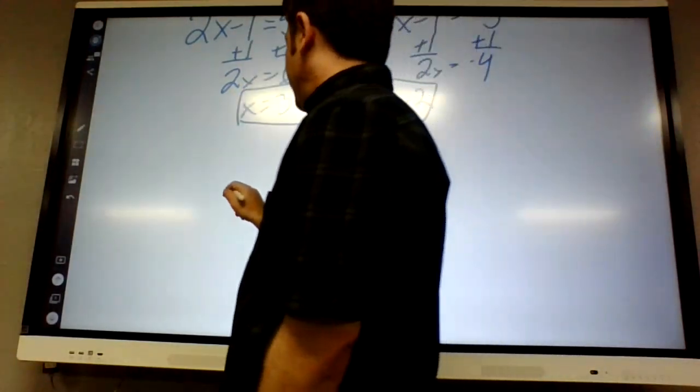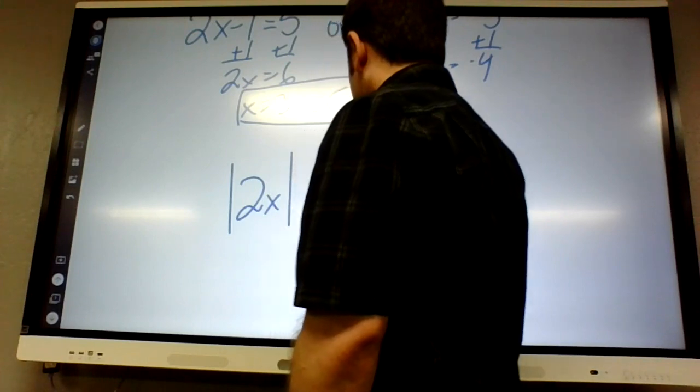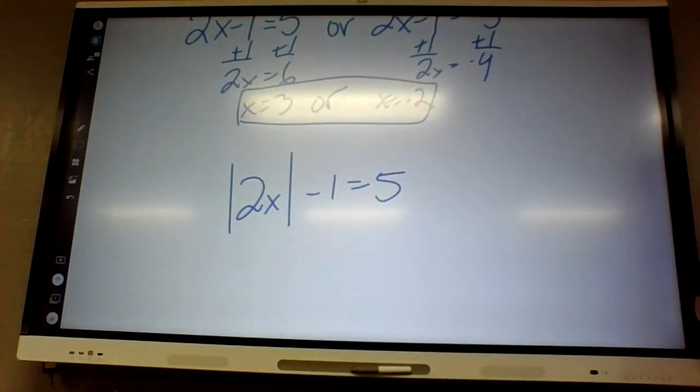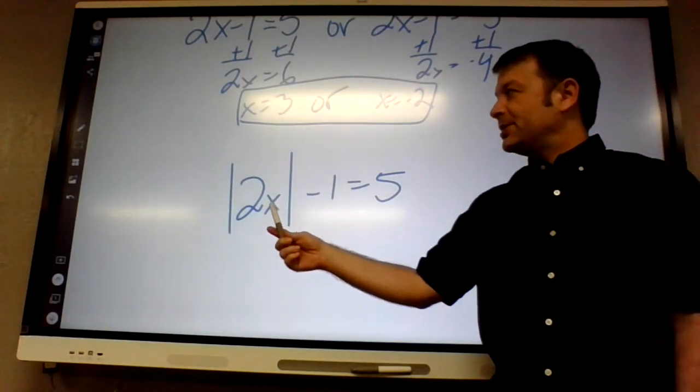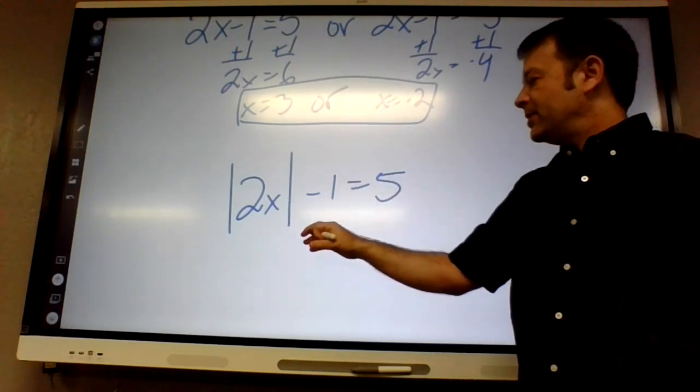Okay, how about this? Add the 1. It goes down 1. We want to get the absolute value by itself first so we can use that trick up there. So get rid of the minus 1.